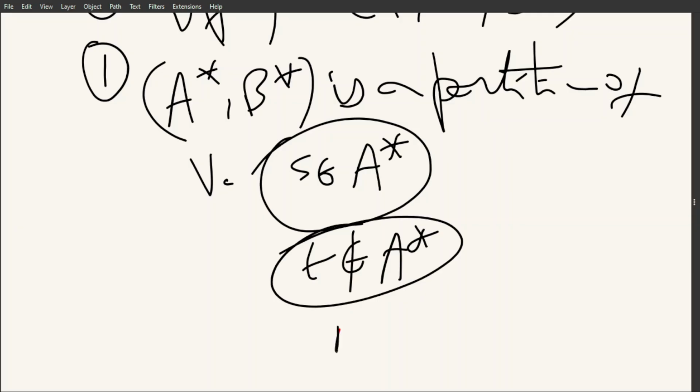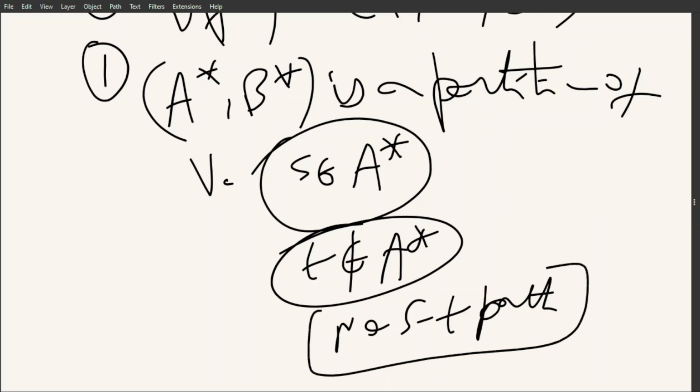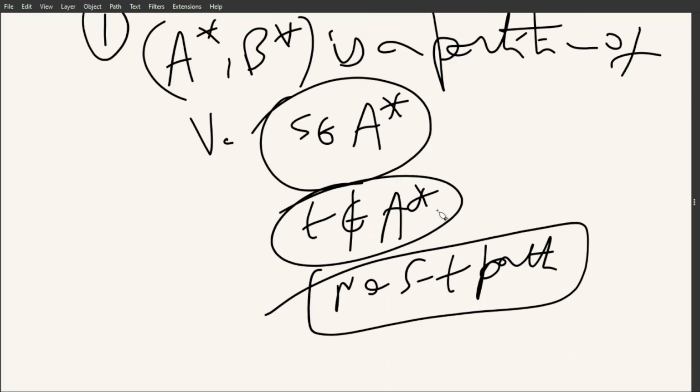Because there is no S-T path. This is our assumption. There is no S-T path, so T cannot belong to A star. So it implies T belongs to B star. So A star, B star is actually an S-T cut. So we have proved the first part of the result that we want to prove, that A star, B star is actually an S-T cut.